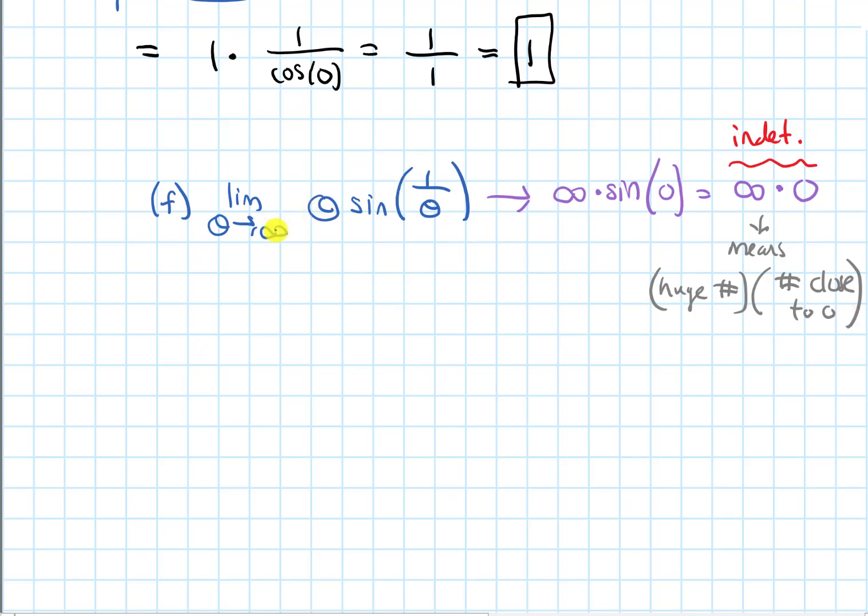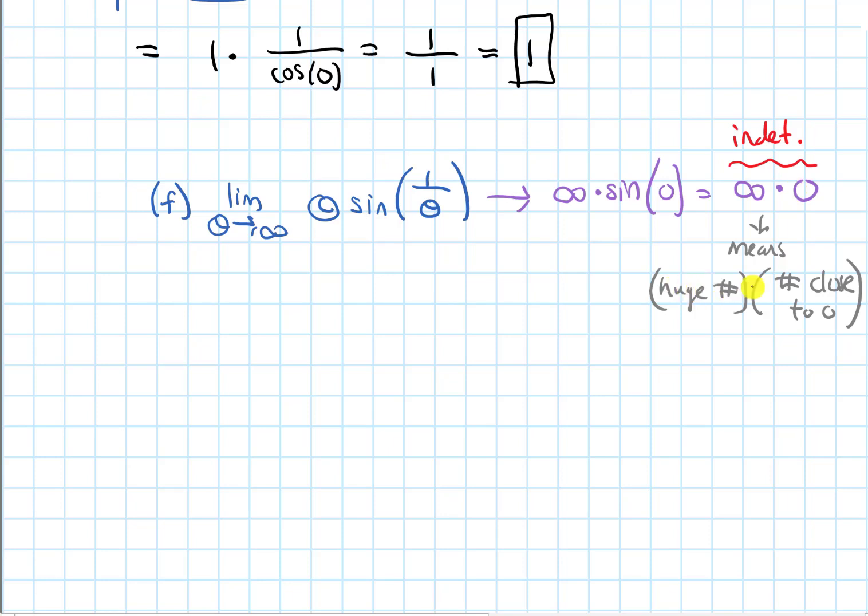That's because when we take a limit, we're technically not plugging in this number, even though that's how we evaluate it algebraically. We're just thinking about what happens as theta gets really, really big. As theta gets really big, this 1 over theta is getting really close to 0. It's not exactly 0. So that's why sine of 0 is just close to 0.